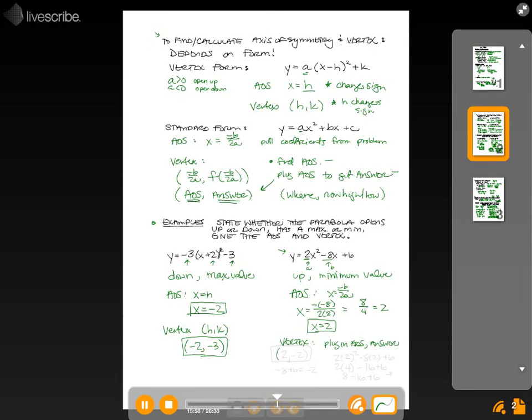So I know the first part of my vertex is already going to be a 2, because it's the axis of symmetry. Now we're going to plug that 2 into the original problem, and this is where you will need to remember your order of operations. We need to start with the exponents.